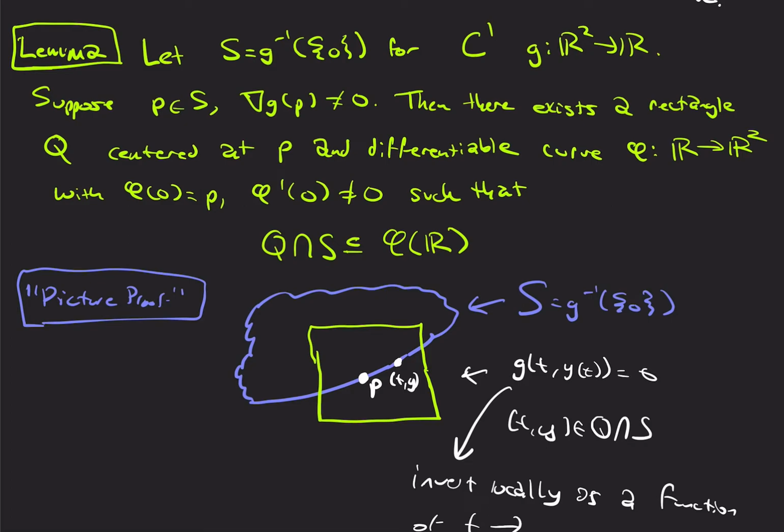You can invert it locally as a function of t. This is the implicit function theorem. It's a famous result. If you haven't seen that before, just look that up. And that takes a while to prove. That's why I don't want to belabor this. So you apply the implicit function theorem, and that gives you your phi of t.